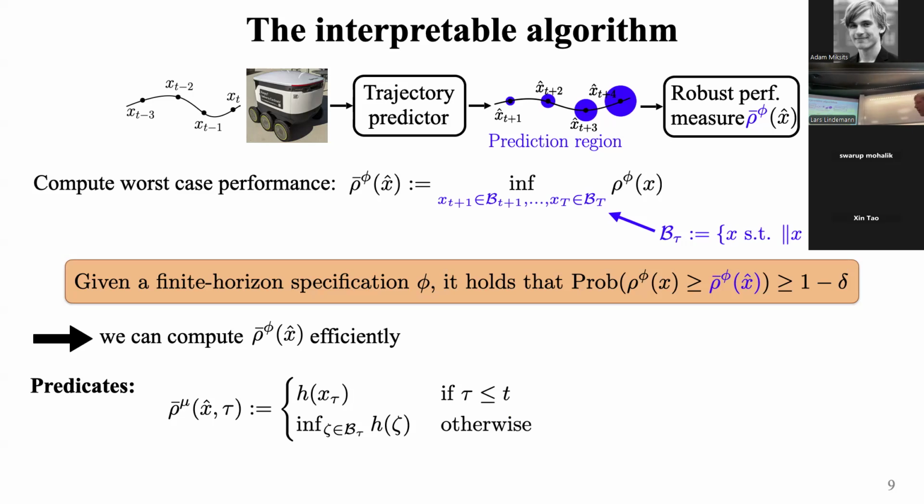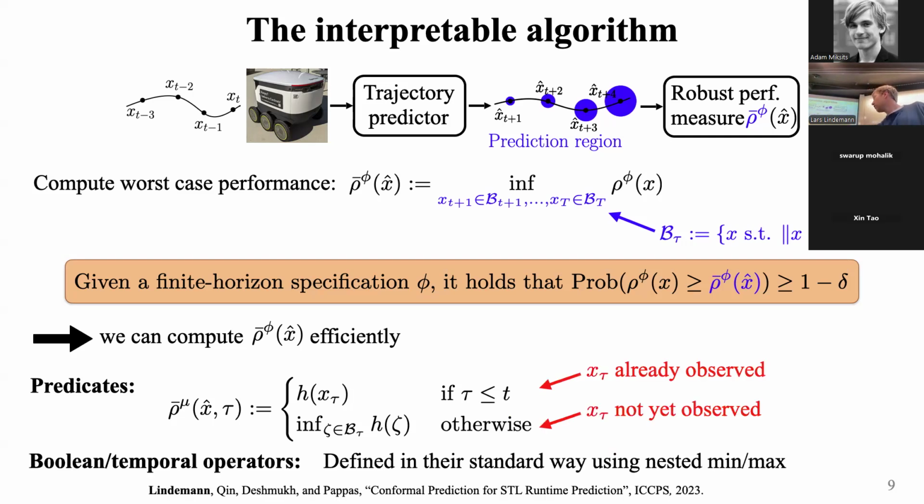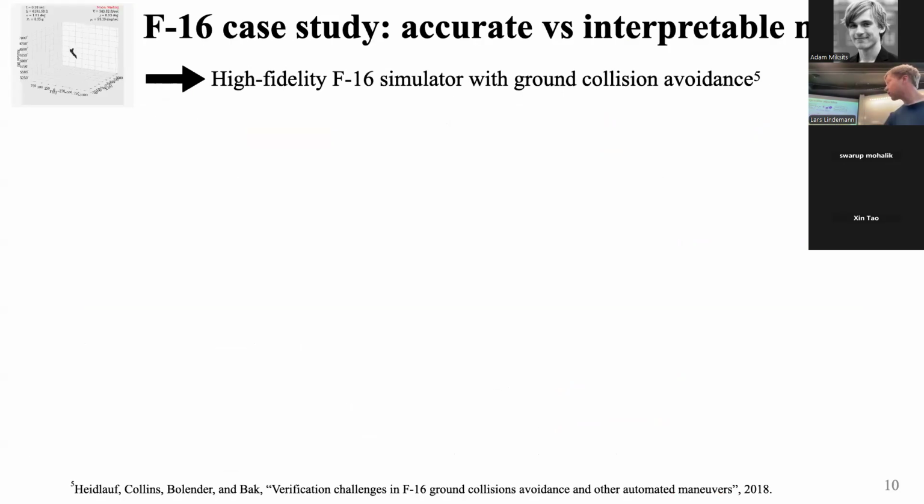And here we're back to: if you have a convex predicate, you can compute this efficiently, right? If you have a non-convex predicate, you can also do some tricks. If you have, for instance, Lipschitz continuous predicate functions, you can get over-approximations as well. And the Boolean and temporal operators are defined in their standard ways using min and max operators, right? So then you don't get this exactly, but you may get an under-approximation of it, right?